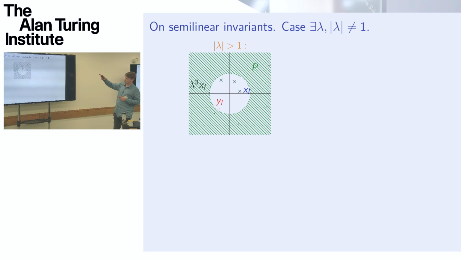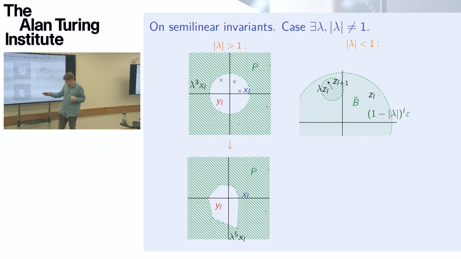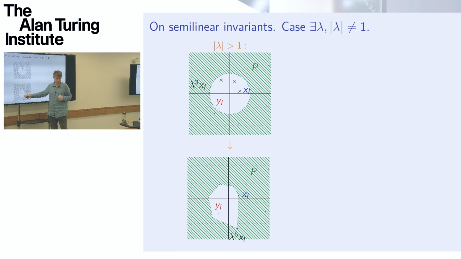First, if there's an eigenvalue with modulus different from 1, for instance bigger than 1, we can have a semilinear invariant by taking the first few points, and at some point y is going to be in the convex hull of my points. At this point, I just take the complement of the convex hull, and this gives me a good invariant.